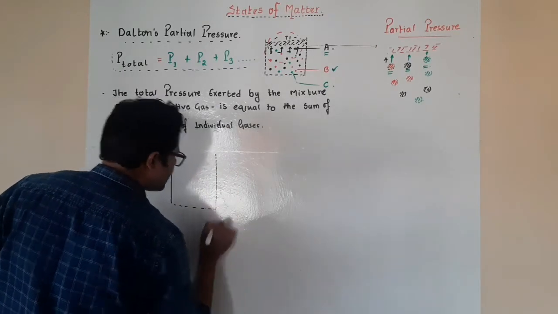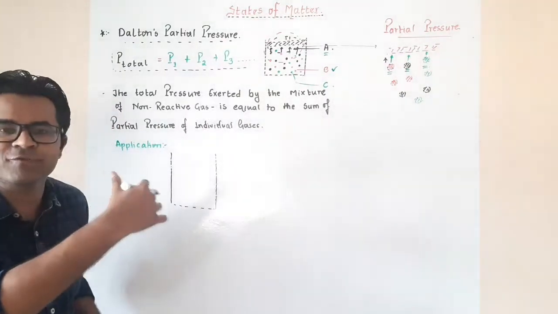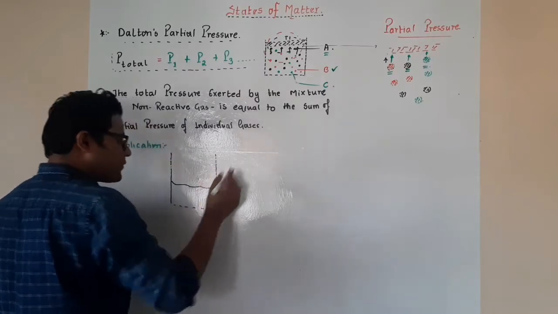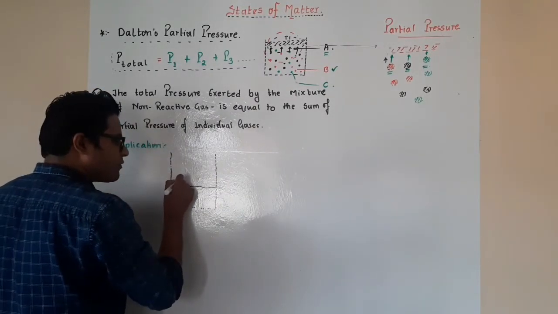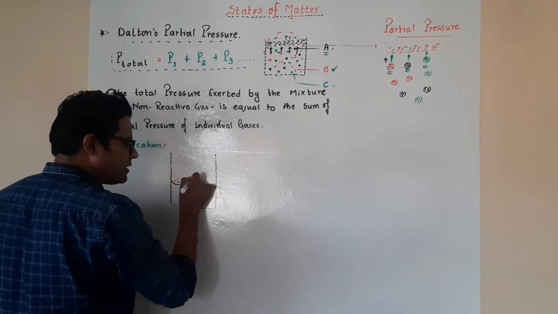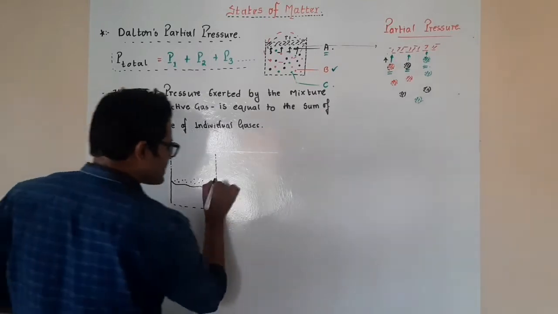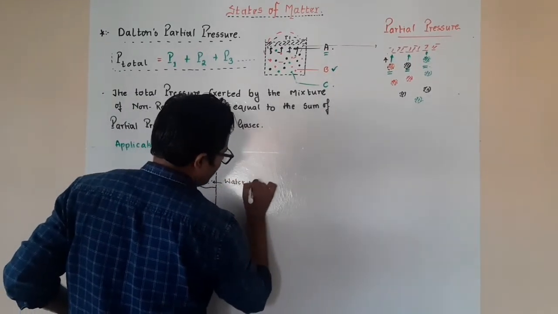In this container, we are going to take a simple liquid, such as water. Of course, this water is going to have a certain amount of water vapor over here. We do agree with this particular fact. Let's say this is nothing more than the water vapor.